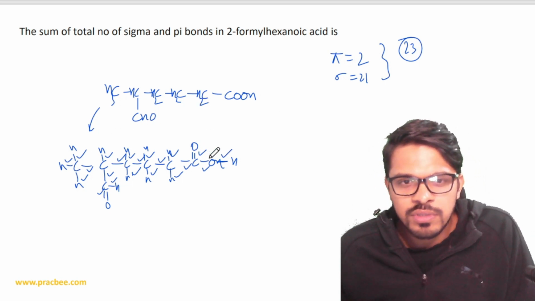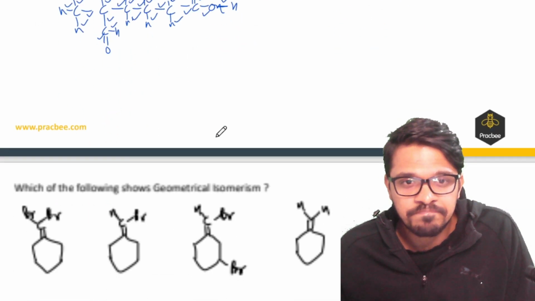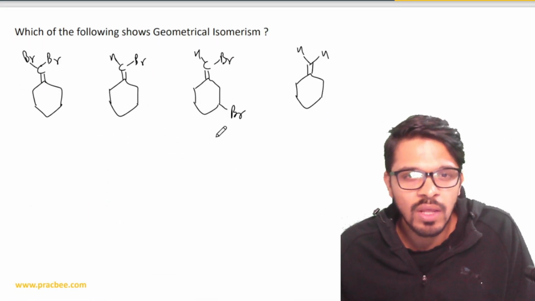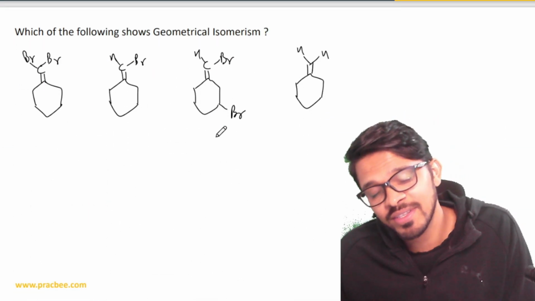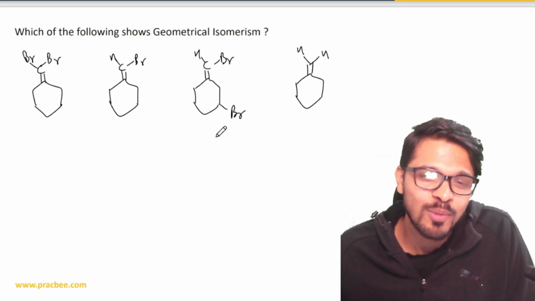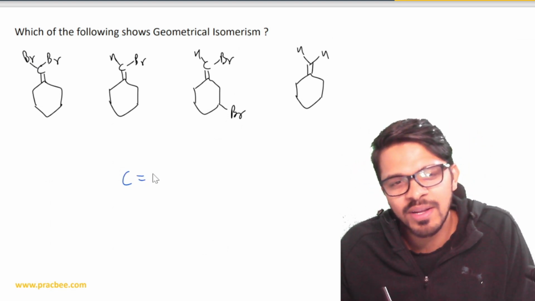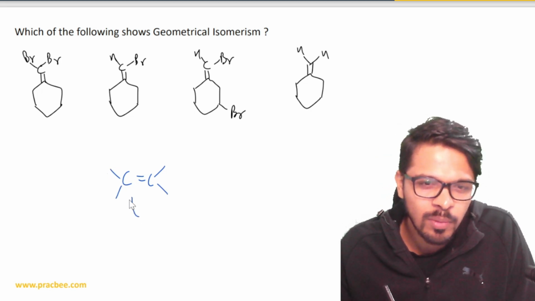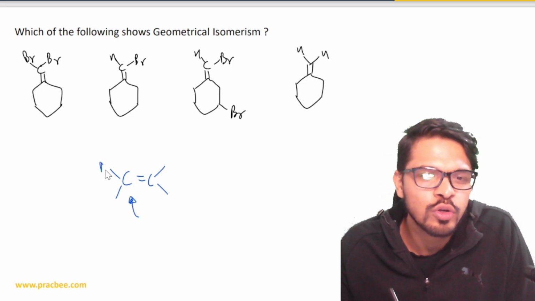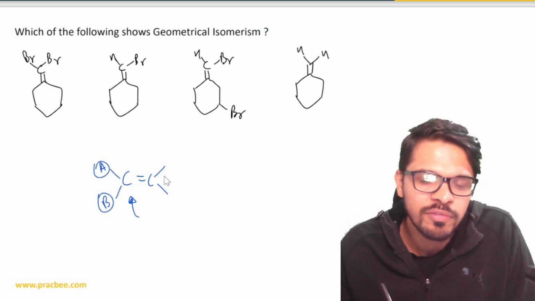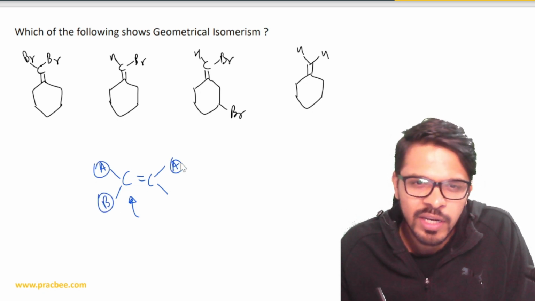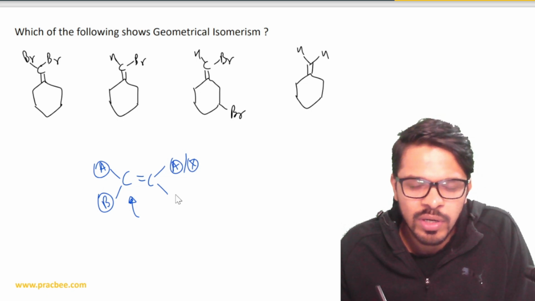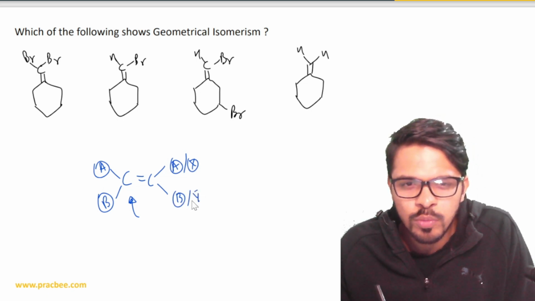What type of questions JEE Mains is asking nowadays? Which of the following shows geometrical isomerism? So if we talk about geometrical isomerism, we need a double bond, and on one carbon of the double bond, the two groups should be different. A and B should be different. Here also we can have A and B, or we can have X or Y. The only thing is the two groups have to be different.